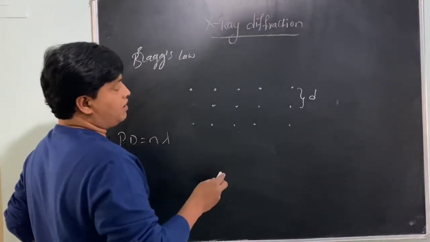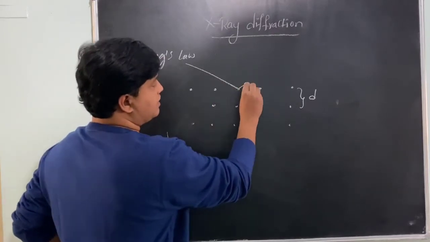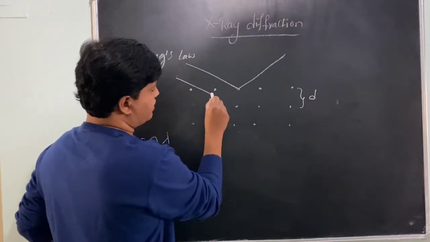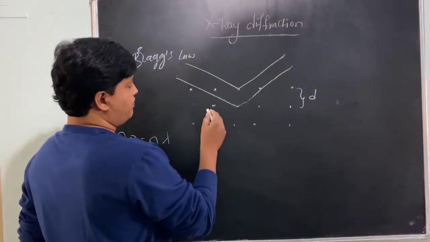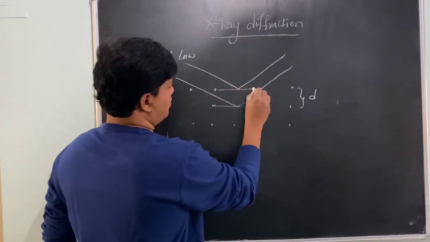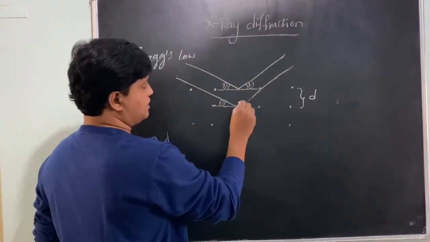Let's say I am projecting two rays. One ray is hitting here and it is going like this. Another ray is hitting here and it will be diffracted like this. This is the angle of incidence, this is the angle of diffraction. So theta and theta.